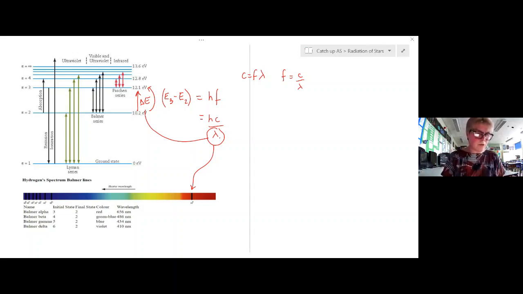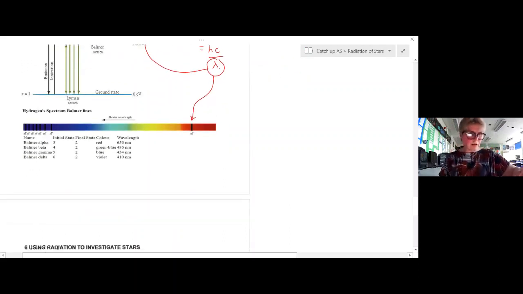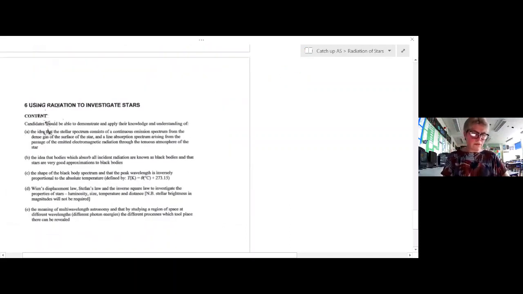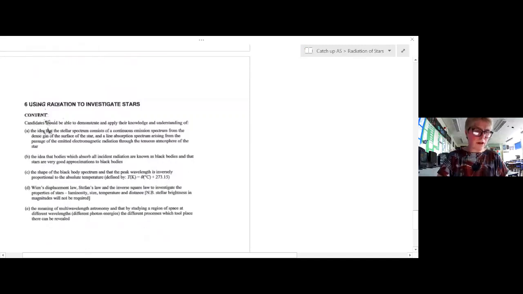And the beauty of hydrogen is that the Balmer series black lines are in the visible spectrum. But you've done this with the photoelectric effect, and you can look at the last revision session to get more information. Right, so that is everything that you need to know for radiation to investigate stars.